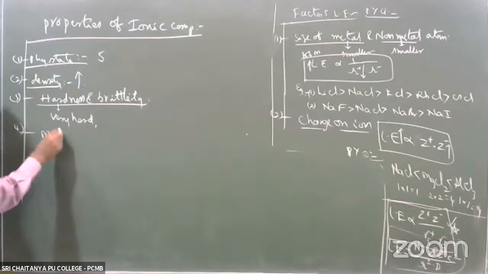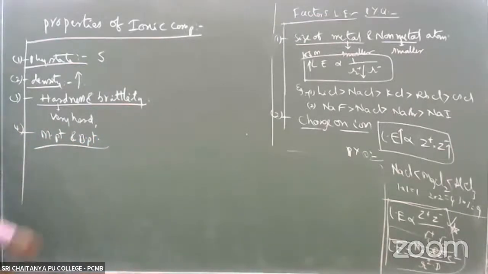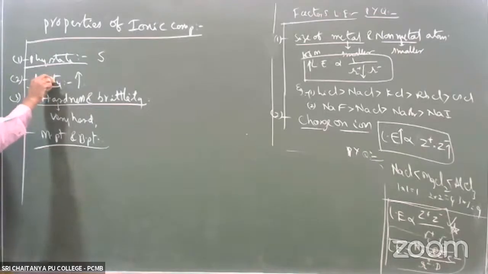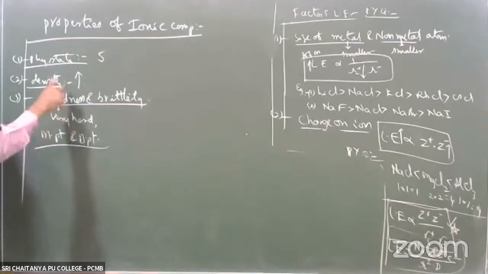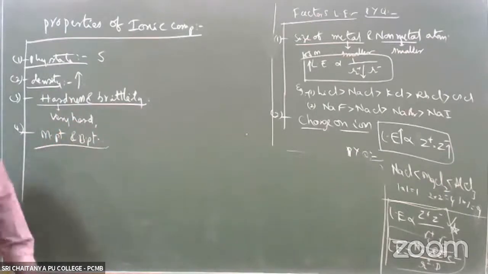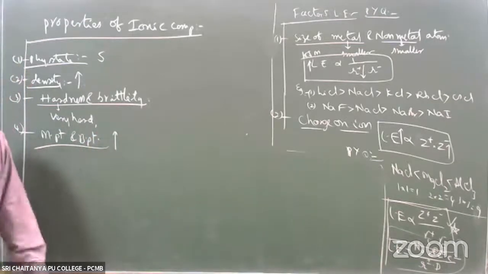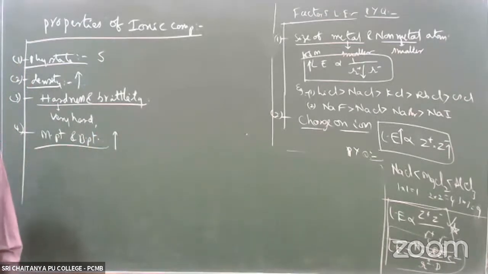Melting point and boiling point. They have high density and are very hard. That's why, to convert from one state to another, from solid to liquid, liquid to vapor, you have to supply very high temperature. That means they have very high melting and boiling points. Why?